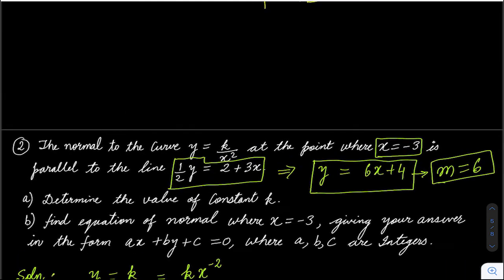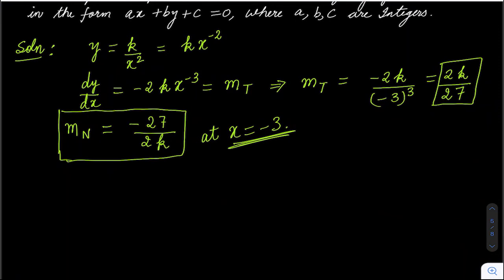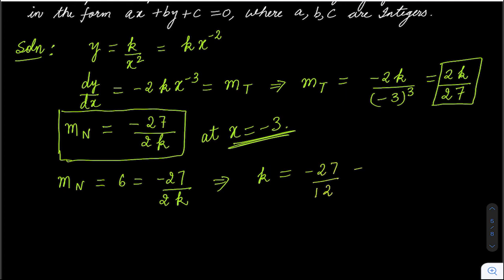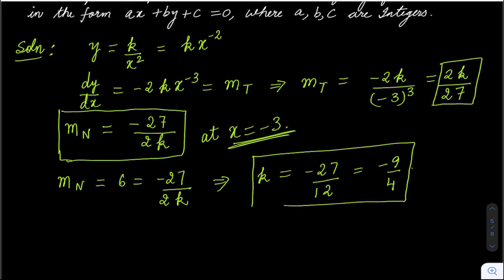So hence, I can directly say that my gradient of normal should be 6, which is minus 27 over 2k. So from this, I am getting k as minus 27 over 12. That is, if I cancel it by 3, I get minus 9 over 4. So this is my k value. That's A part. We need to find value of k.